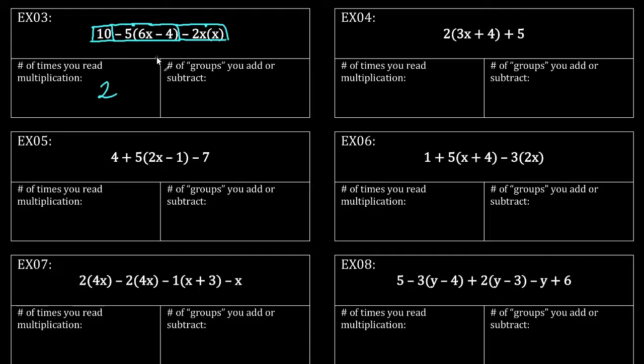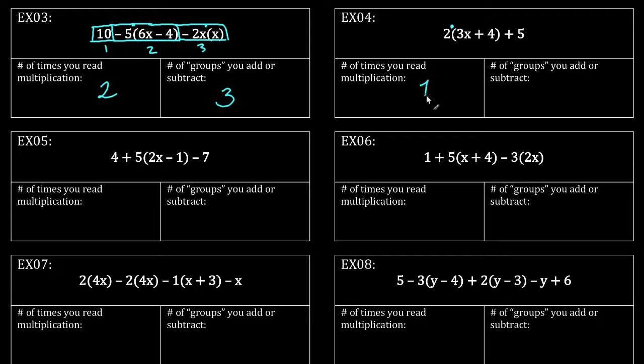So basically, what we're doing is we're separating groups of multiplication. If you notice, there's a multiplication here, so they're attached. You see this multiplication here, so they're attached. So we have 1, 2, 3 groups. We have lots of examples. So the number of times we read multiplication. 2 times 3x plus 4 plus 5.